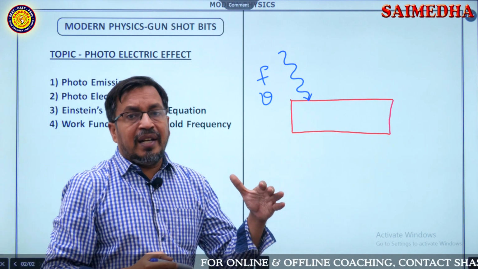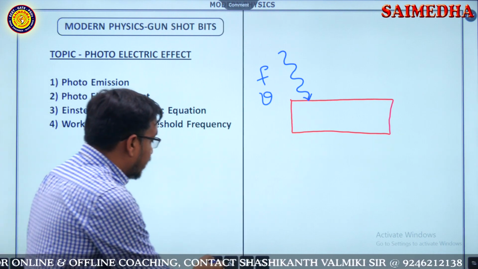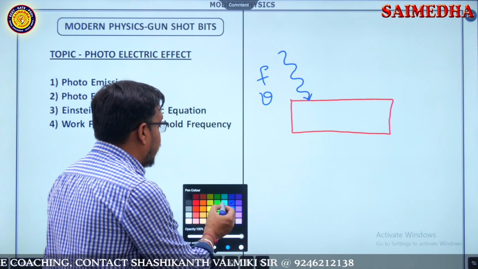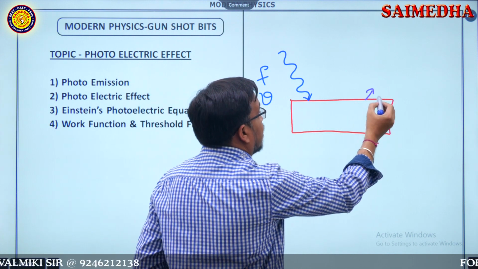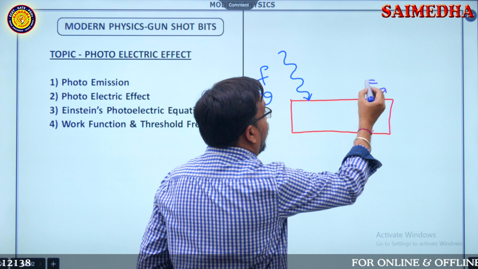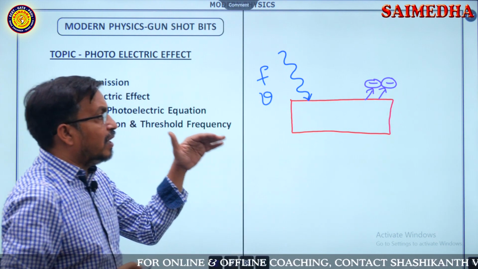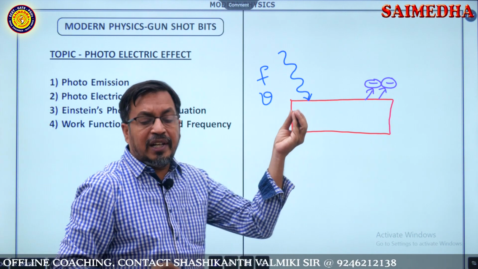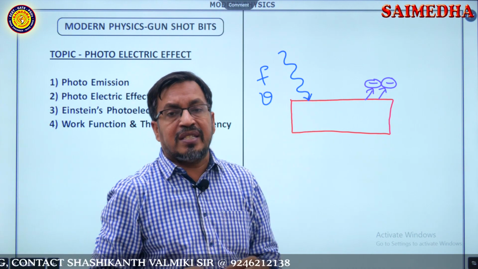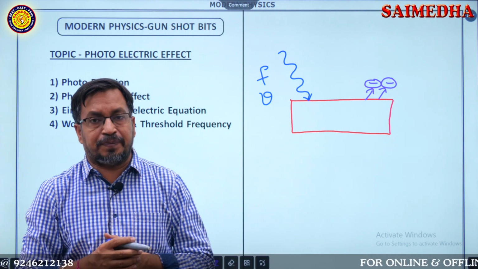When light is incident on the metal surface, electrons will be emitted from the metal surface. This phenomenon is known as photo emission.